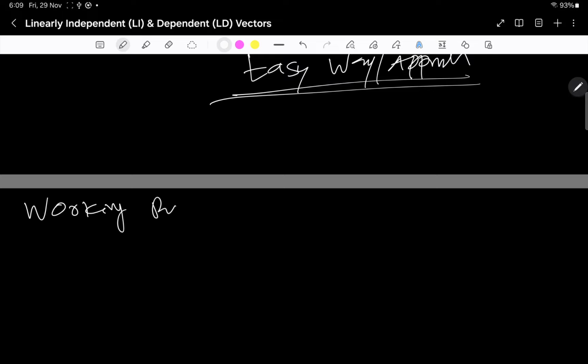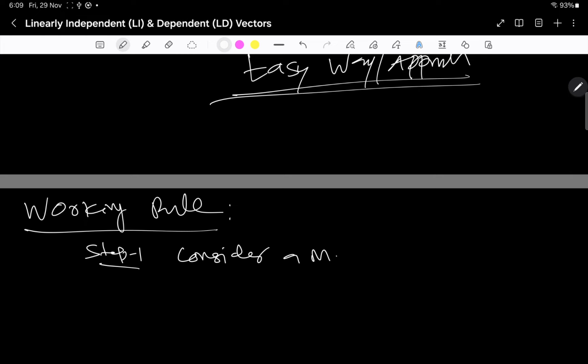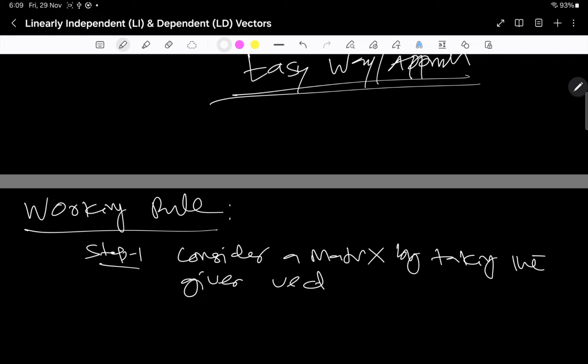The working rule: Step 1, consider a matrix by taking the given vectors as row vectors. Let the name of the matrix be A.